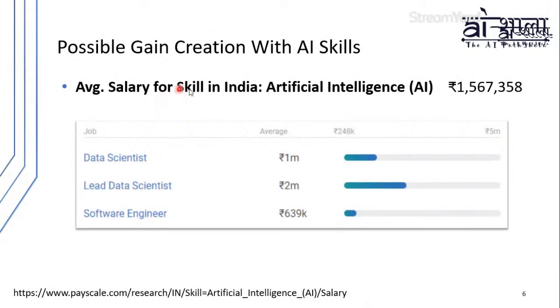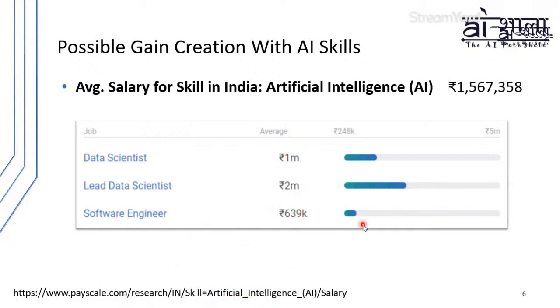So if you are a normal software engineer, I'm talking about the average salary. If you have a few years of experience, this is pretty high. But I'm just talking about a fresher, and only the average salary, right? So this is a survey from PayScale, a few years old.